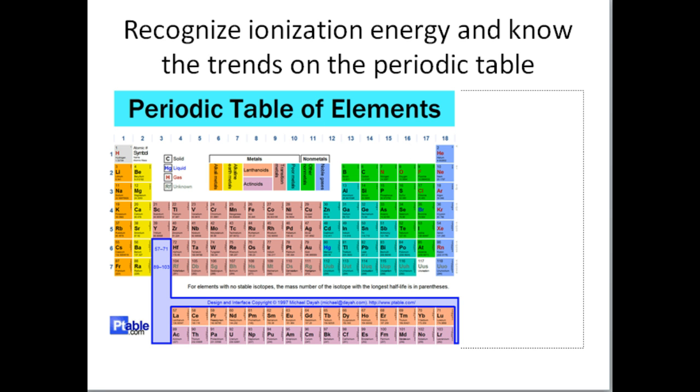All right, here we need to recognize ionization energy. You know the trends on the periodic table. So ionization energy is the energy required basically to pull electrons away from the atom.